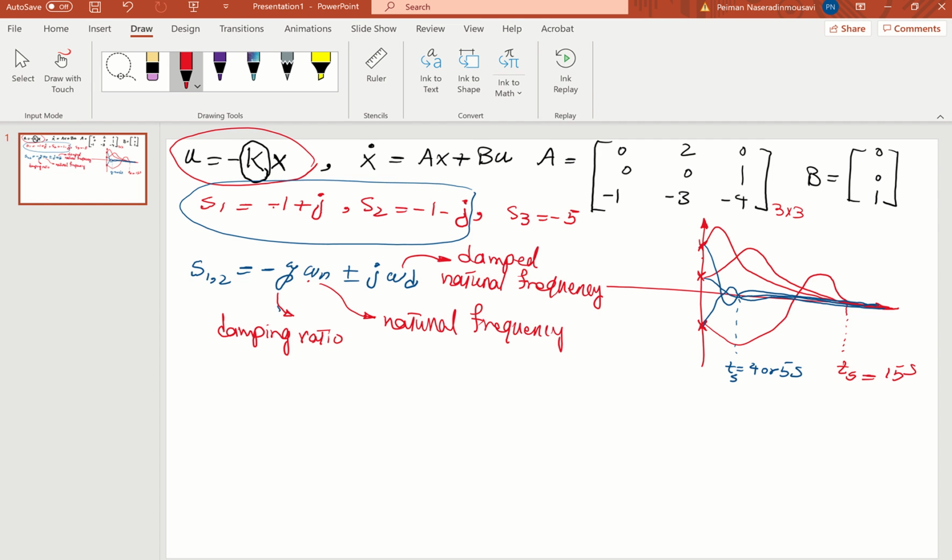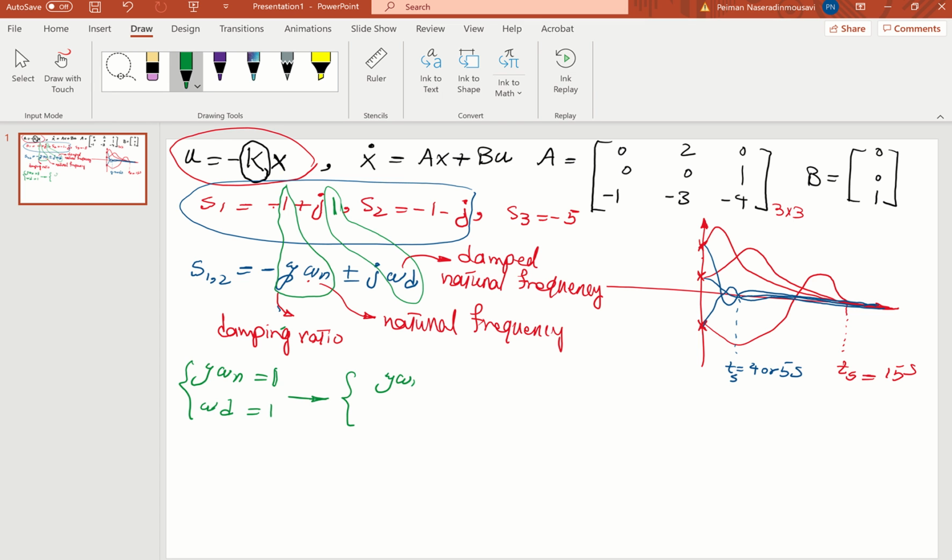So now comparing this with this pair of complex conjugate poles, you can easily understand that zeta omega n is 1, and omega d is also 1.